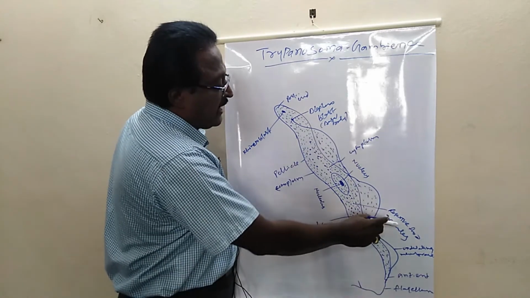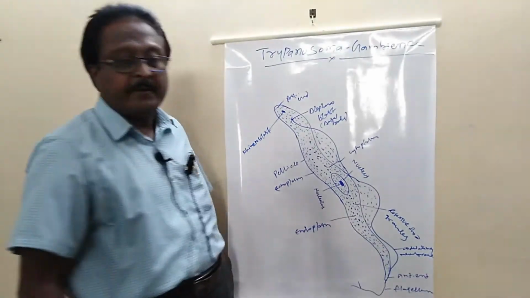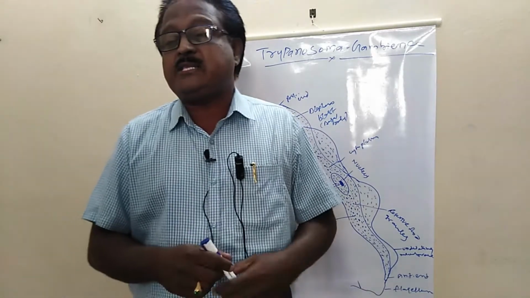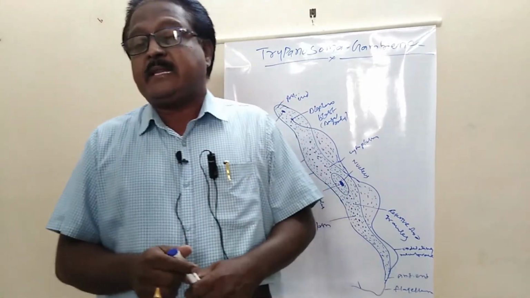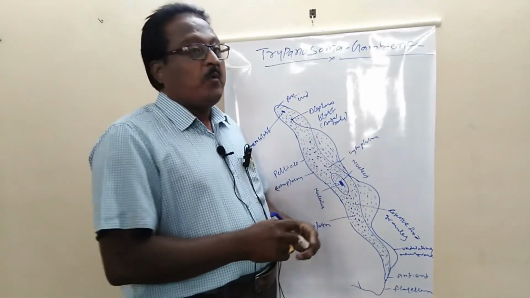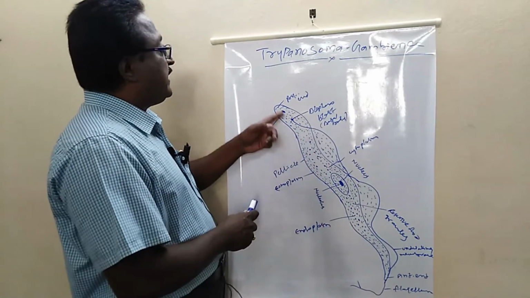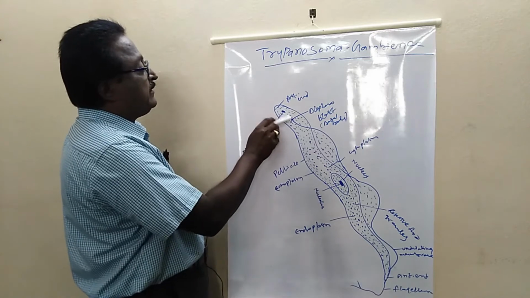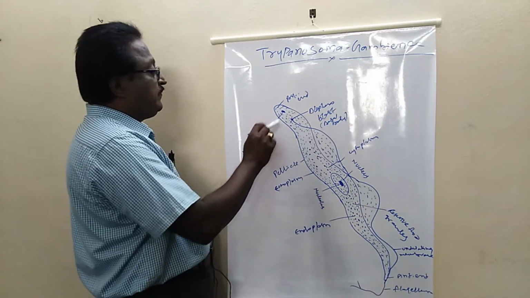This part is called the undulating membrane. The flagellum and the membrane are interconnected by a filament.